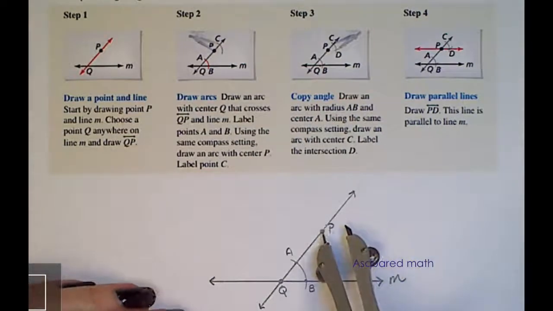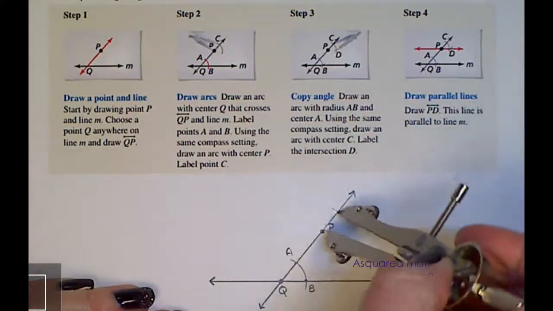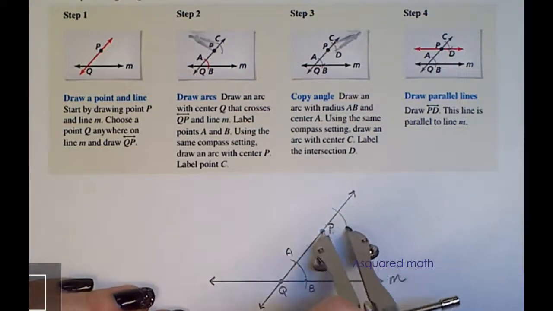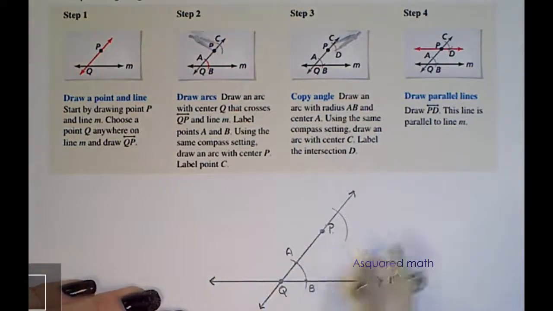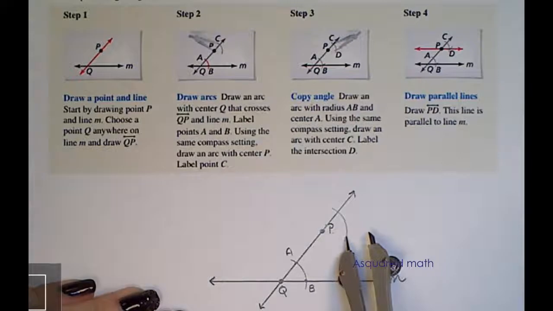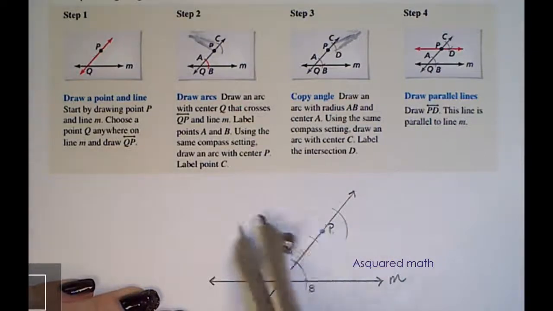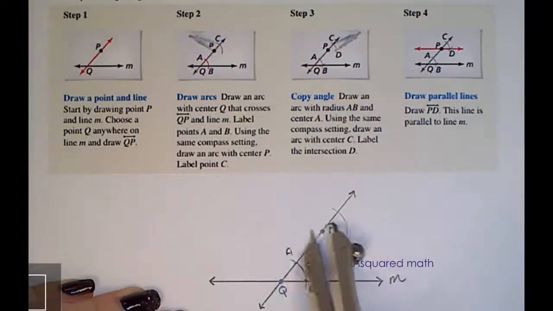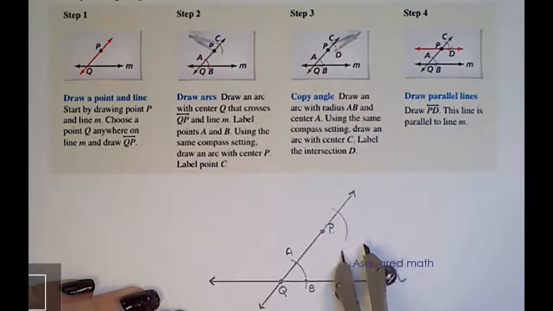So putting the pointer of my compass on P, we're going to make an arc, and this arc is going to cross over line QP. But I'm also going to draw it a little bit further down. This is personally what I like to do, so that it looks like it's going to cross what would be the parallel line, because I'm going to need an intersection point here in a little bit. So make that arc a little larger than you think you have to.